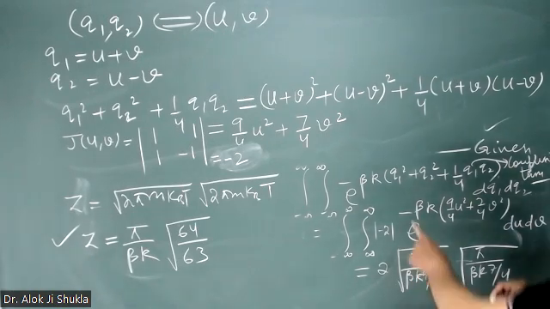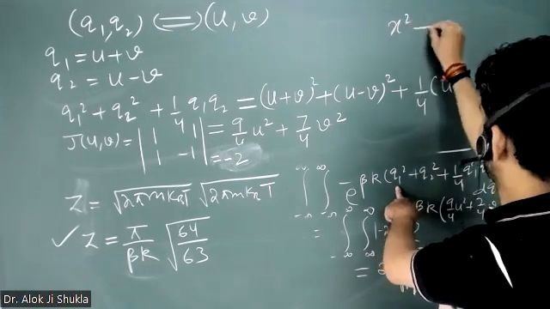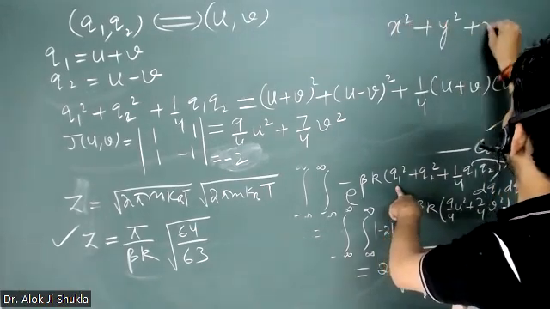So there is a question in JEST also where x square plus y square plus xy was given.